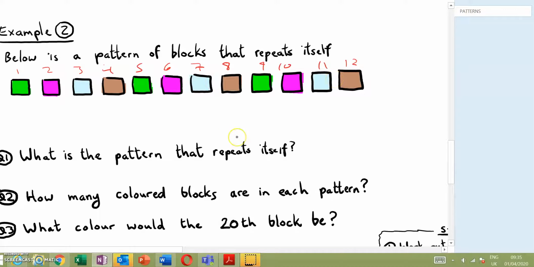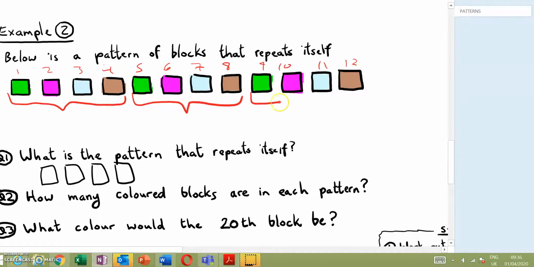What's the pattern that repeats itself? Well, can you see it before I draw it? Have a look. I can see that every 4 boxes, that pattern is repeating itself. Isn't it? We need to be able to see that now ourselves. It starts off with a green box, then it moves on to a purple box, then it goes on to a blue box.